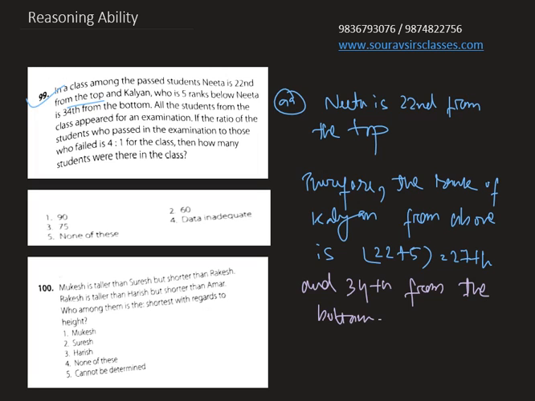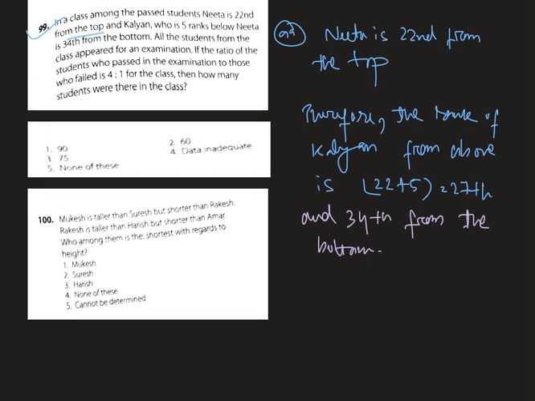Now all the students from the class appeared for an examination. If the ratio of the students who passed in the examination to those who failed is 4:1 for the class, then how many students were there in the class?